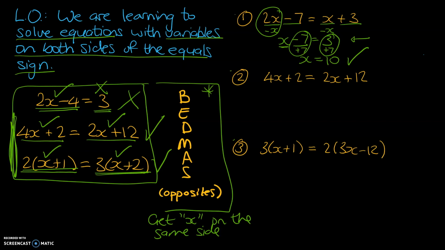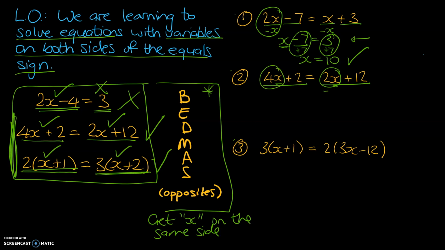Okay, the next question. Again, let's inspect what we're looking at. We've got 4x plus 2 on the left-hand side, and we've got 2x plus 12 on the right-hand side. We have x's on both sides, and our job is to eliminate some of the x's to make sure they're only on one side. So again, let's focus on the smaller amount of x's. We've got 2x over here and 4x over here.